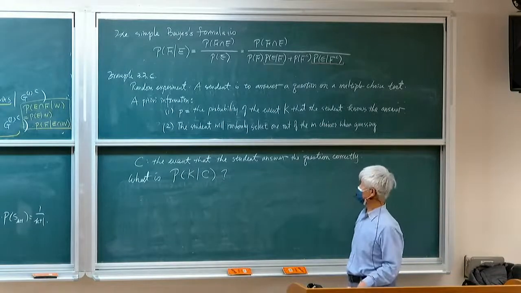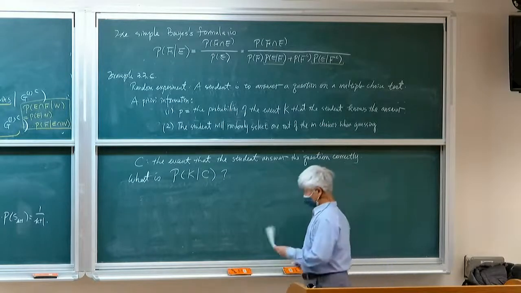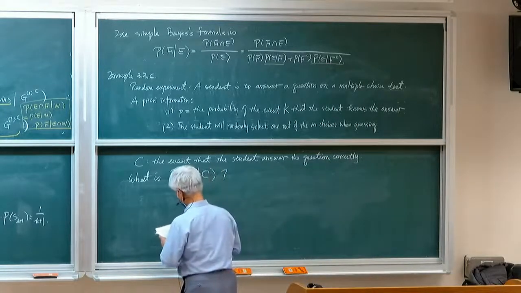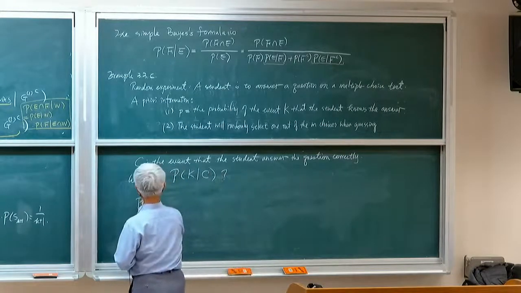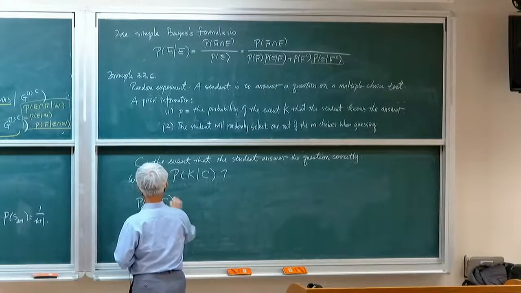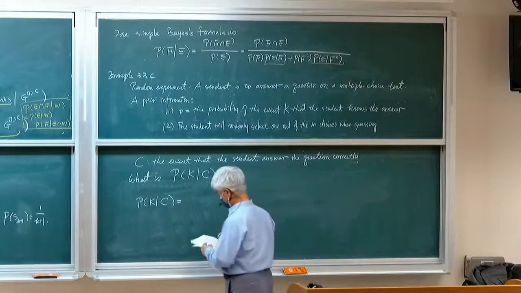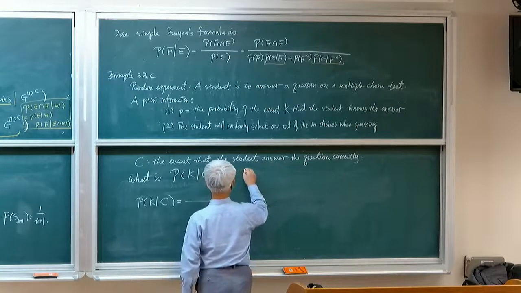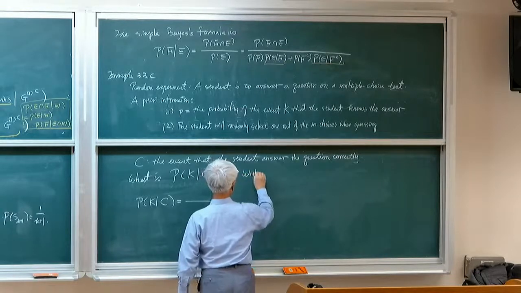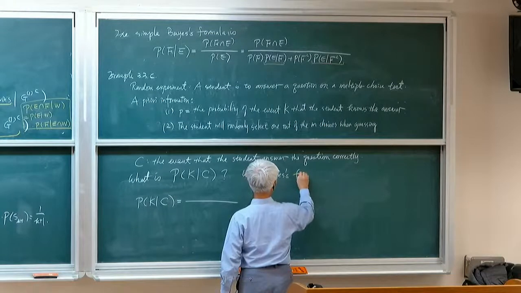Okay. All right. So now this conditional probability is a little bit harder to find. So we will use the Bayes formula.